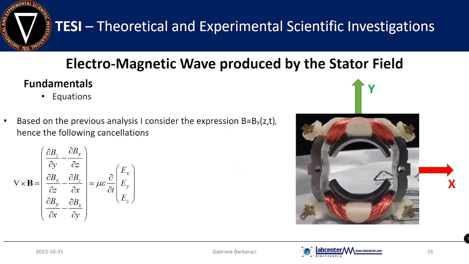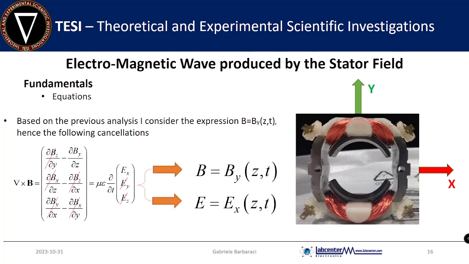So we can say that the magnetic field can be represented by the equation B equal to By as a function of z and time, from where the cancellation follows. So we have B as a function of y, which implies E equal to E of x.